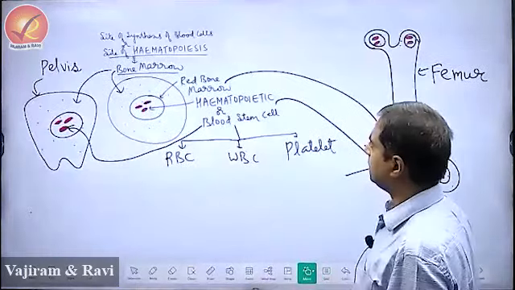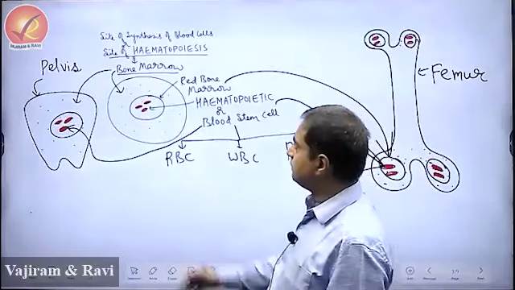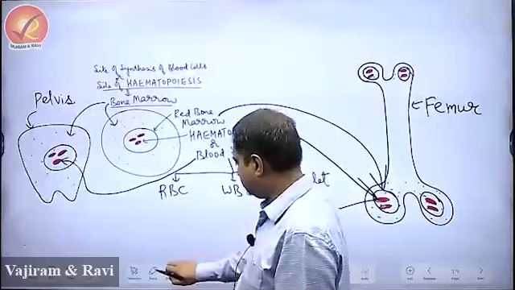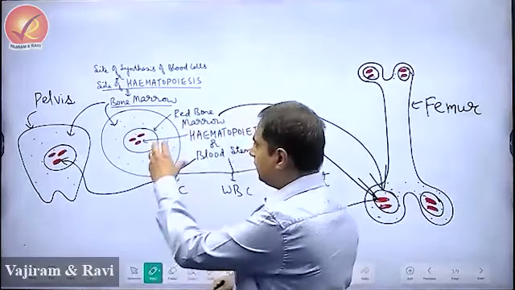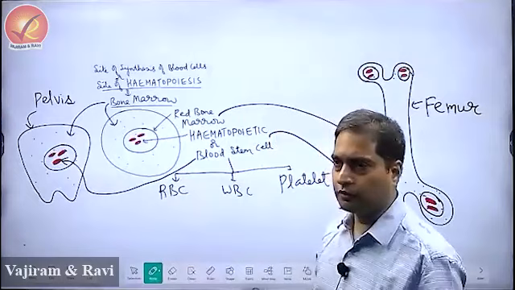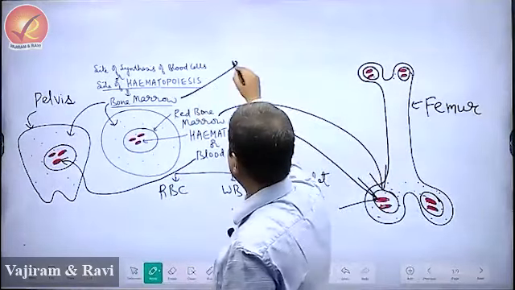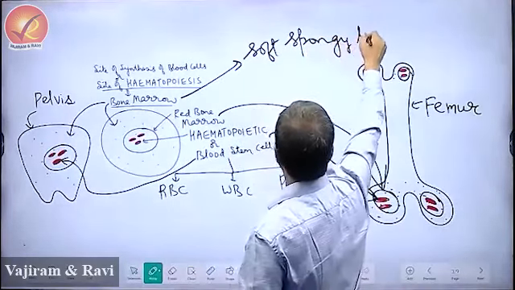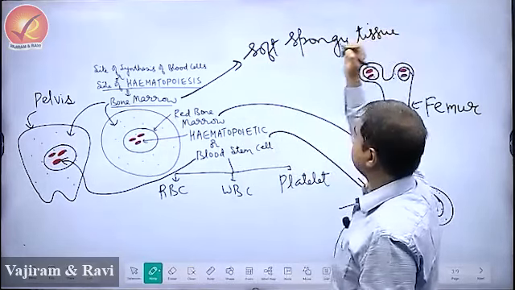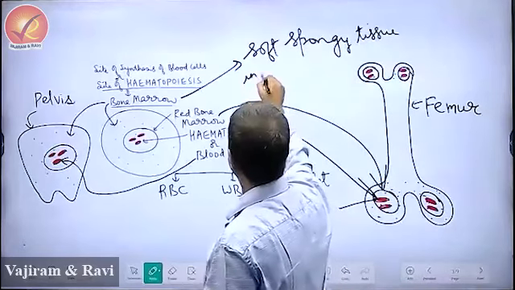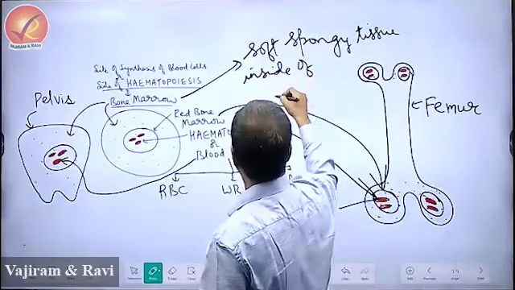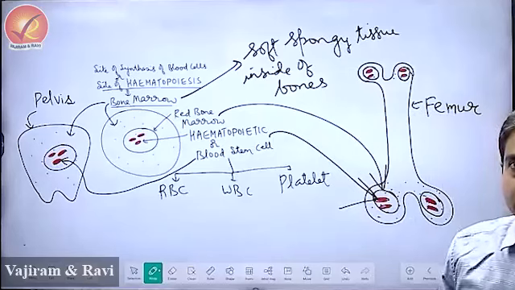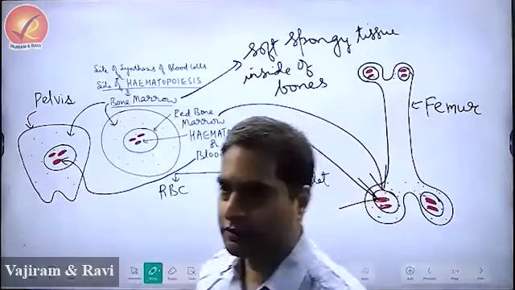Coming back to the blood stem cell. So blood stem cells are present where? Inside the bone marrow. What is bone marrow? This is actually the hollow interior of your bone. You can write it is a soft, spongy tissue inside of bones.